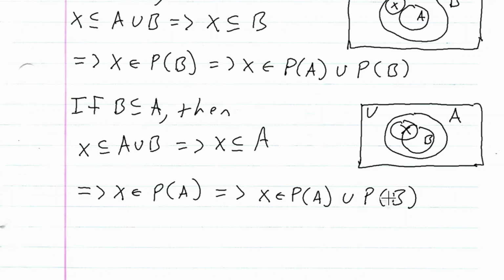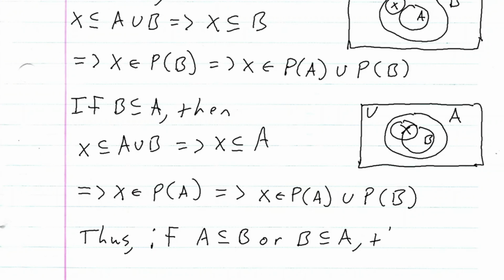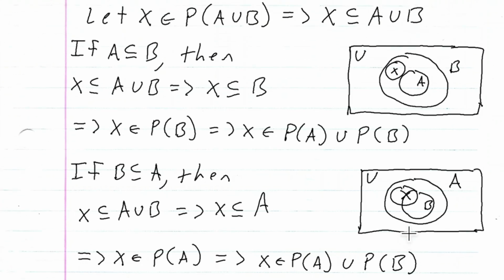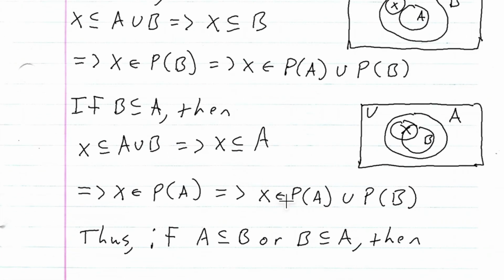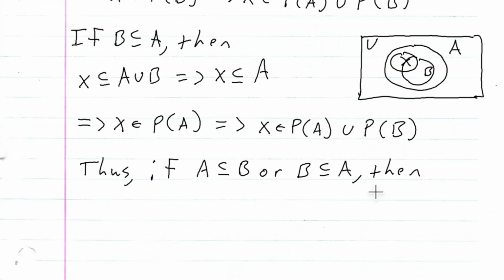So we know, thus, if A is a subset of B, or B is a subset of A, then we have that the power set of A union B is a subset of the power set of A union the power set of B, right?